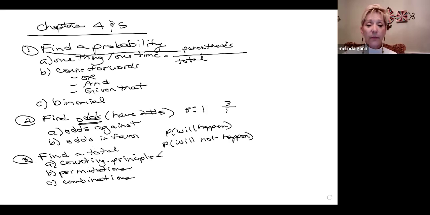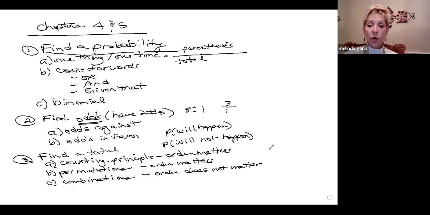Now remember, on the counting principle, order matters. On permutation, order matters. On combinations, order does not matter. So if order does not matter, you have to use combinations. Like if you're picking a committee, it doesn't matter what order the committee's picked. It's the same committee. And your calculator does all the work on combinations. If order does matter, you've narrowed it down to the counting principle and permutations.